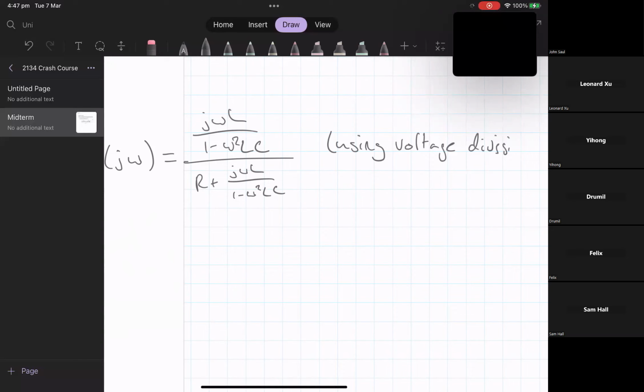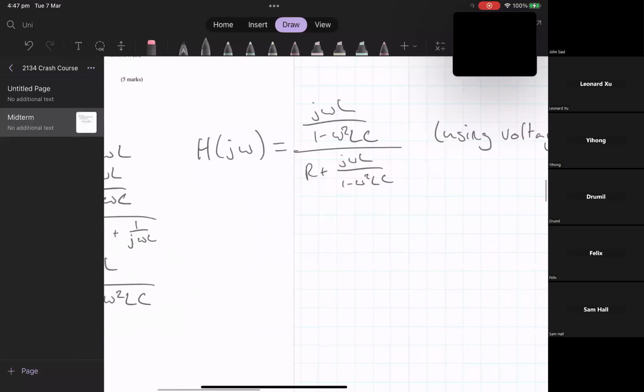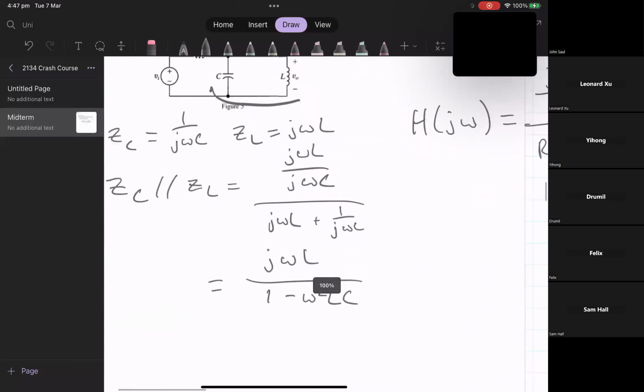It's always important that we show the markers what techniques we've been using. Yep. Okay, yeah, I'll explain it in more detail.